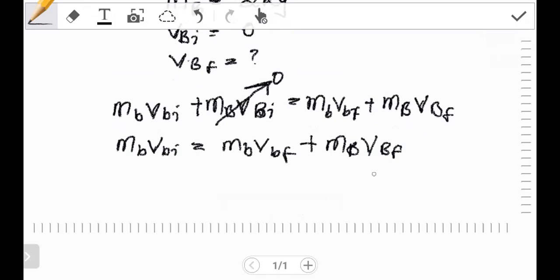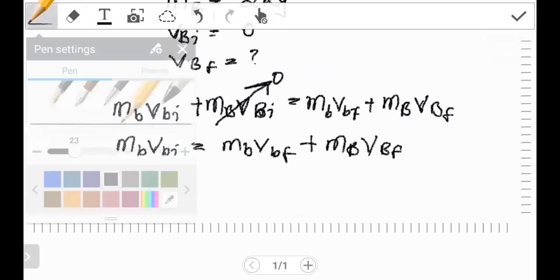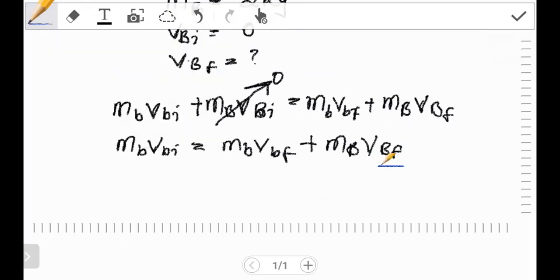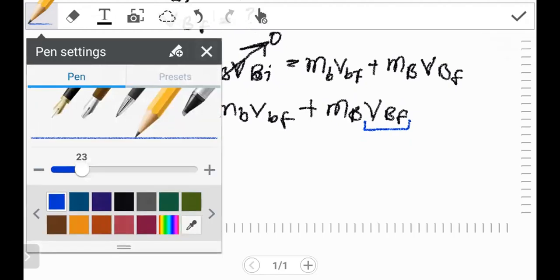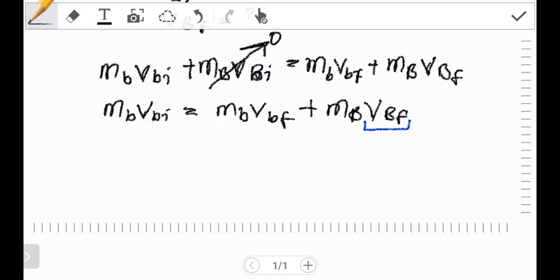Okay. So what we want to find is the VB final. We want to find this term here. So we're just going to make it the subject of the formula, and then do our substitution there.